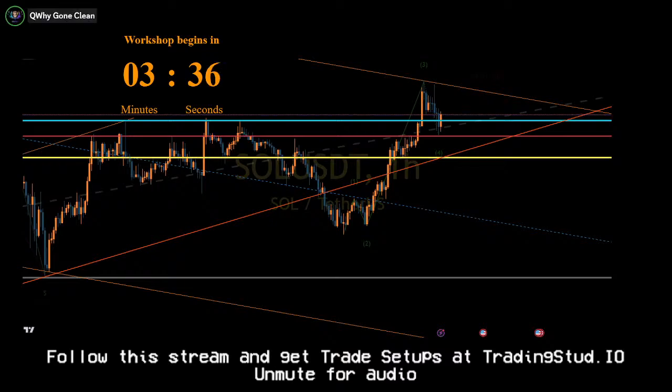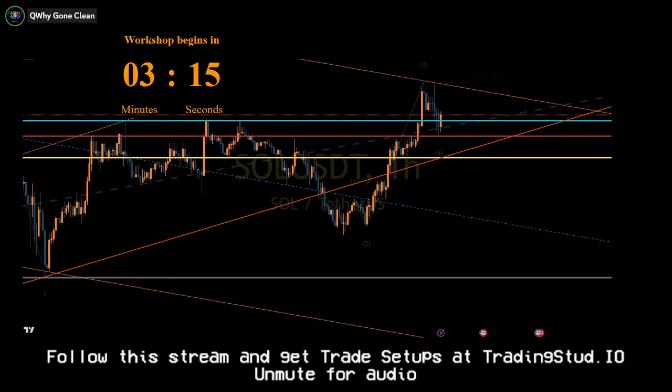All right, so I'm looking for, preferably, the regular RSI to be at 30 or below. And this moving average on the chart here, let me make this a little bit.